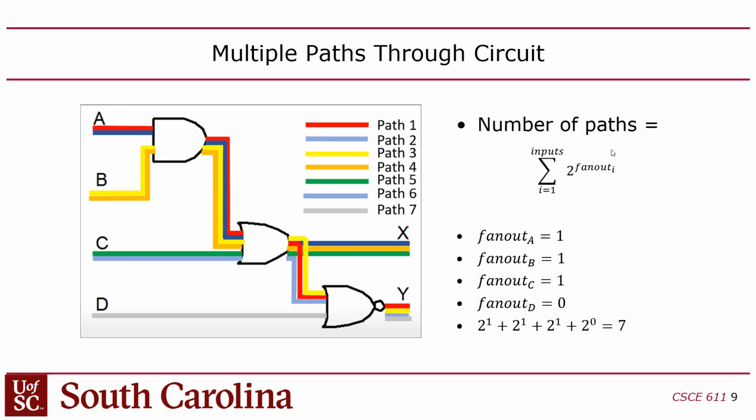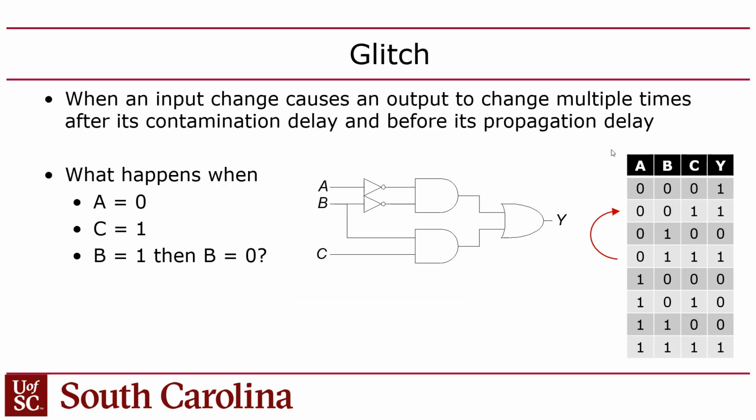And so if you add up 2 to the power of the fan-out seen by each input, you can get the total number of paths through the circuit, right? So as you might imagine, the total number of paths increases pretty quickly, right? As you increase the complexity.